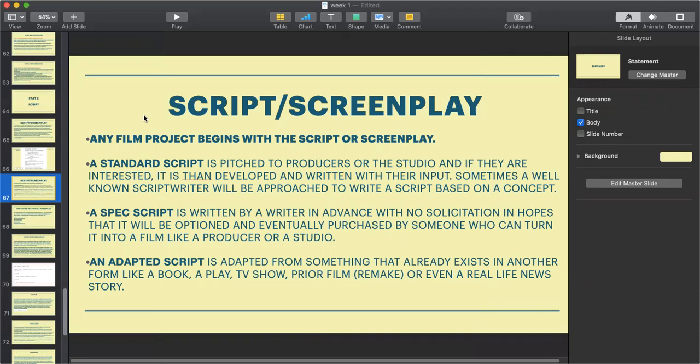So any film project begins with a script or a screenplay. Now there are two types of scripts, basically three types, sorry. A standard script, which is, you can write a script yourself, and you can take it to different directors or producers or a studio, and if they tell you some changes, you can change them a little and develop your own script for a story or for a film.